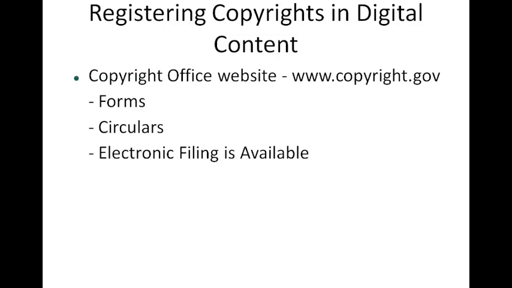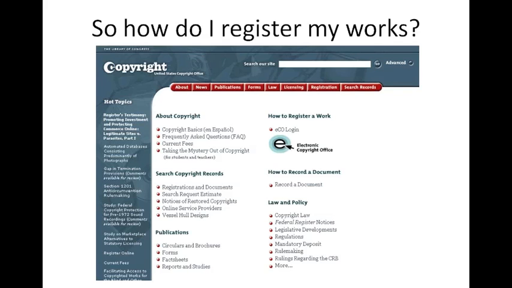Now, we talked about this briefly, about the Copyright Office website. In addition to what I talked about prior to that, I wanted to let people know that they have a great section of circulars, which can be found. I'm currently pointing the mouse over here to the circulars and brochures section, and from that section of the website, you are able to get information on particular topics of interest.